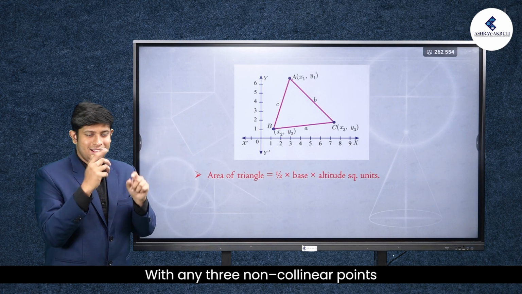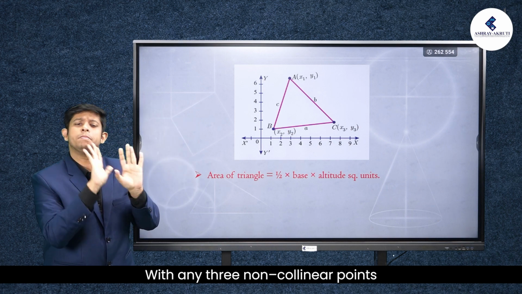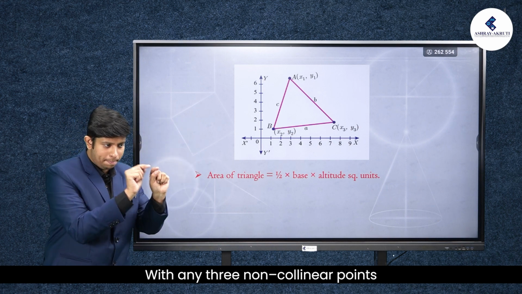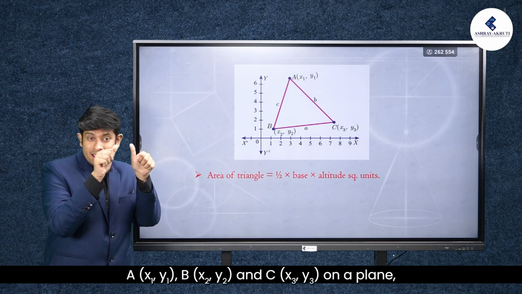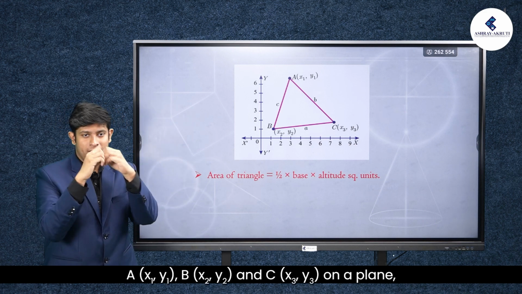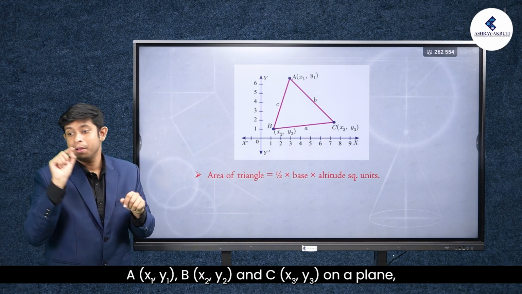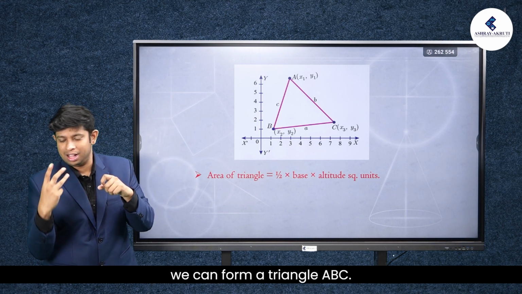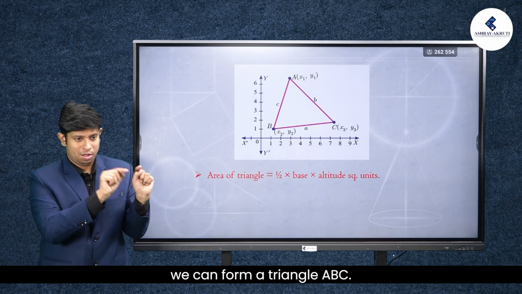With any 3 non-collinear points A(x1, y1), B(x2, y2) and C(x3, y3) on a plane, we can form a triangle ABC.